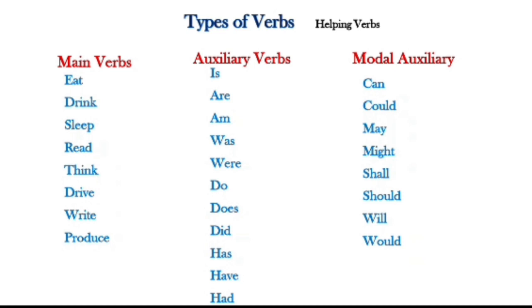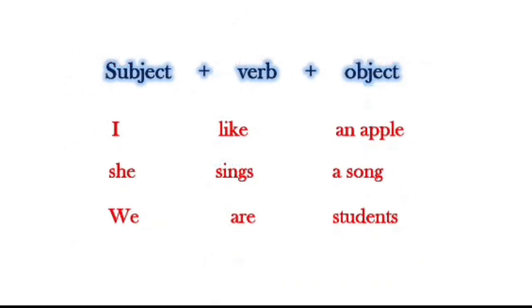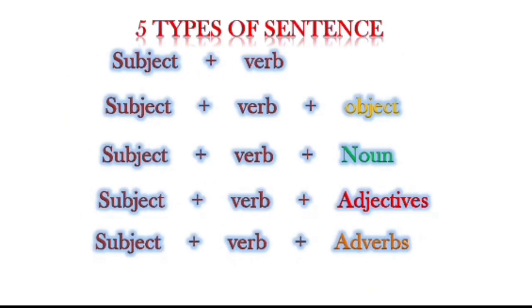Then modal auxiliaries: can, could, may, might, shall, should, will, would. Now let us see some sentences in subject, verb and object structure. I like an apple. She sings a song. We are students. This is the little basics I am going to give you before going to the 5 ways of constructing sentences. You need all these things in your mind to construct sentences easily.